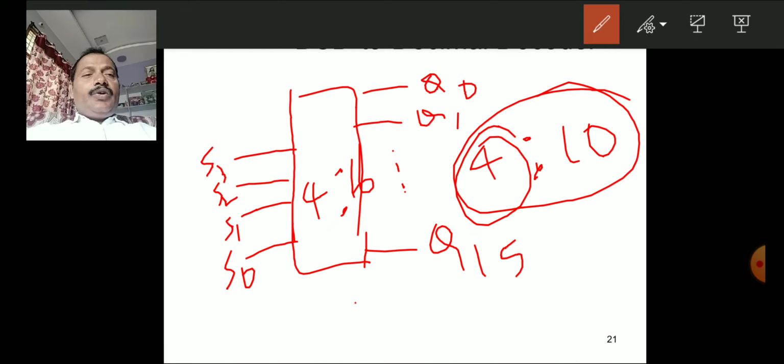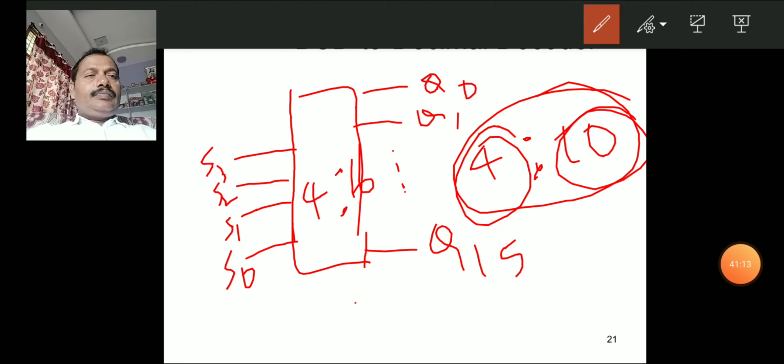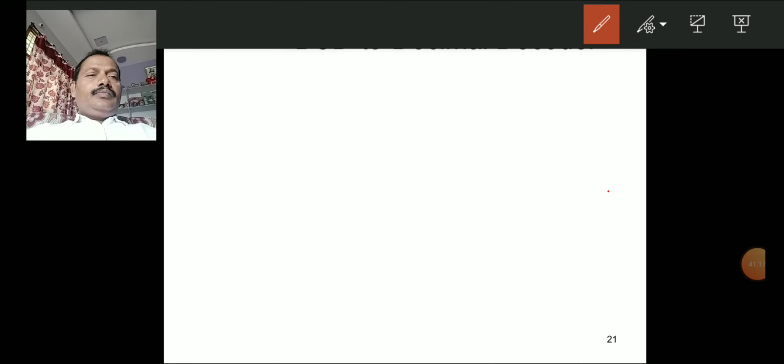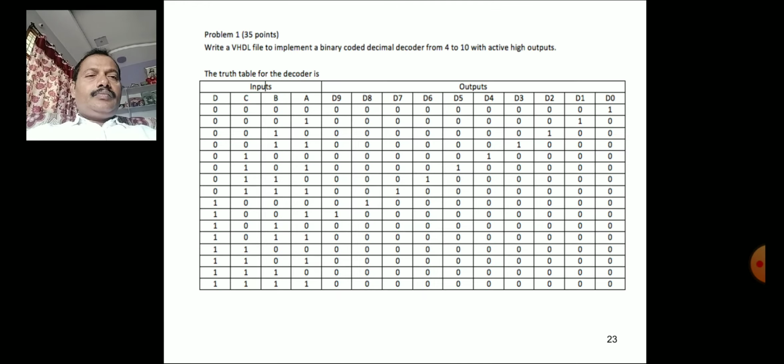So for each 4-bit binary code, which decimal digit output is to be activated, that is the design objective here. So let us see the truth table now.